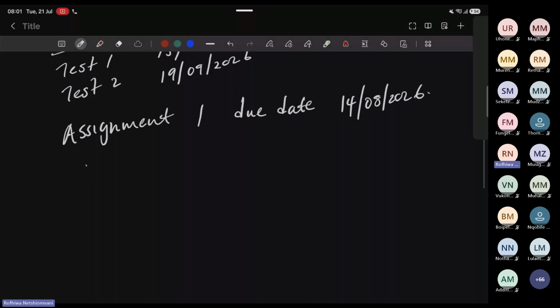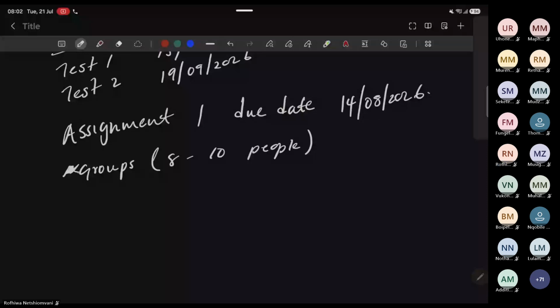Then remember, it's supposed to be in groups of 8 to 10 people, so that we are able to mark it nicely. Then remember, you will have to present your work.